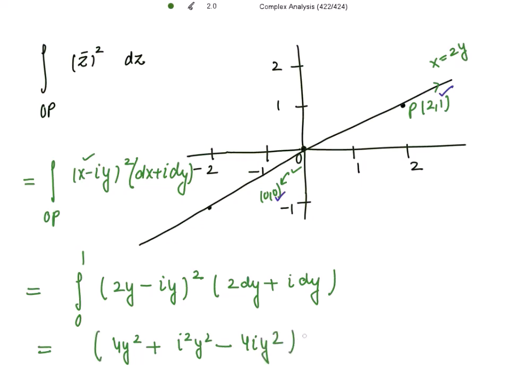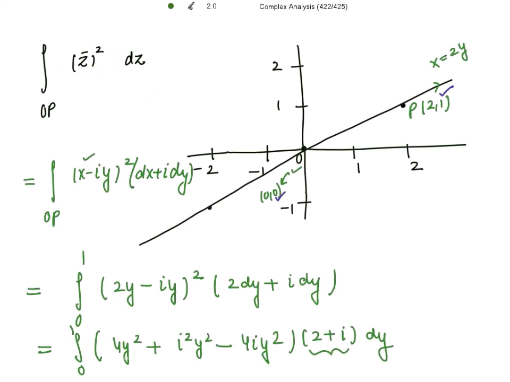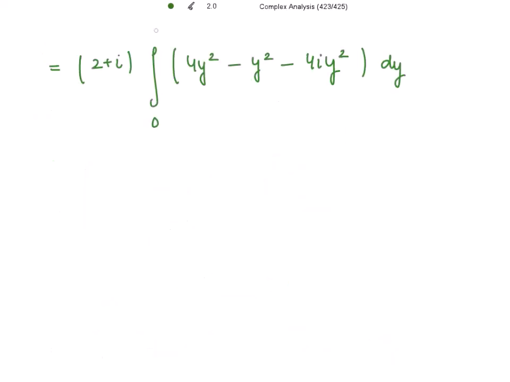When we take dy common, we get 2 plus iota dy from 0 to 1 integration. Let me take this 2 plus iota outside of this integral. So this is 2 plus iota, and inside we have 4y square minus 4 iota y square, dy, limits from 0 to 1.